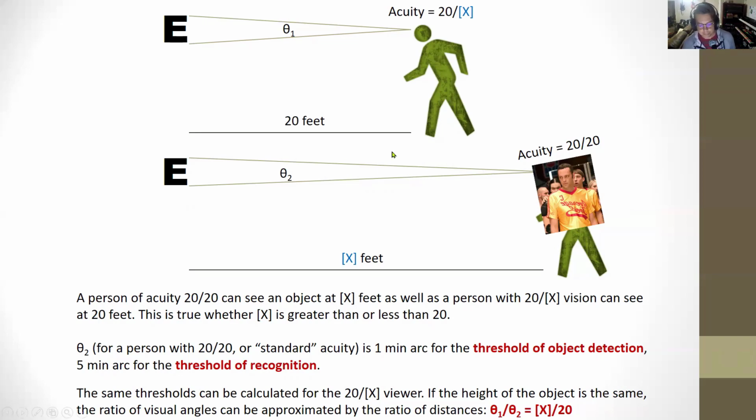Okay. All right. We're going to start talking thresholds here pretty shortly, but I've already highlighted the threshold of detection. This is, do I see something at all, or is it not large enough to even register in the density of my retinal network? It must be at least 1 minute of arc.